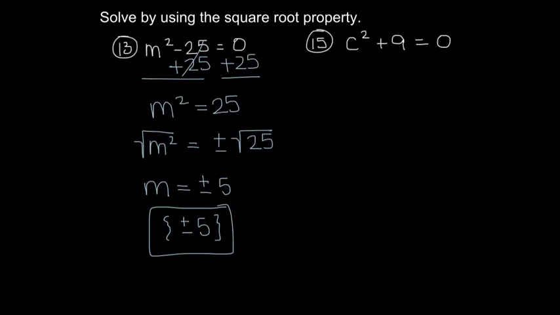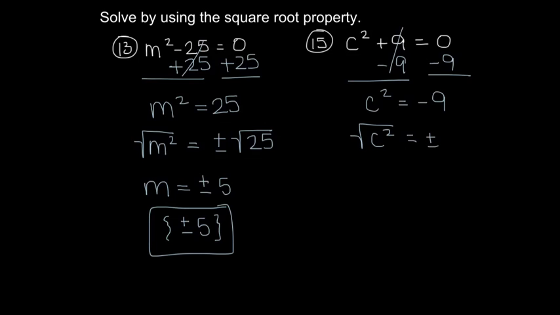The same thing happens in number 15. I can solve by getting the c squared by itself, so I can subtract the 9 from both sides. In doing that, I have c squared equals negative 9. Again, I want to solve that by taking the square root of both sides, because the exponent and the radical will cancel each other out.